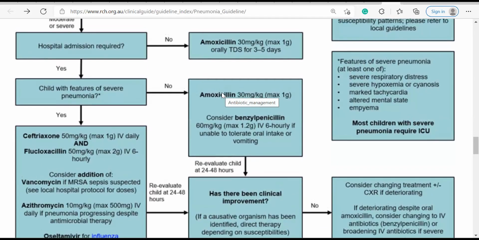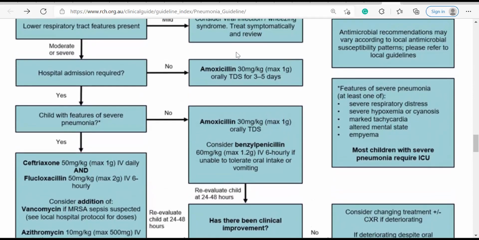Now, let's say the child is not having severe respiratory distress, no features of severity, then you think of it as a non-severe pneumonia, and you can treat it as an outpatient with oral antibiotic, which is amoxicillin, for 3 to 5 days.